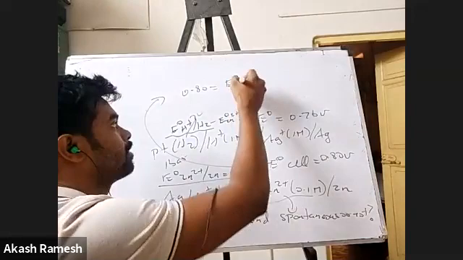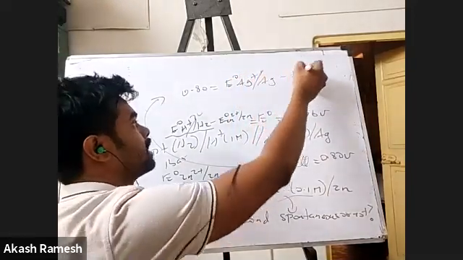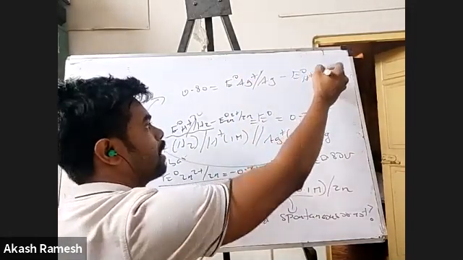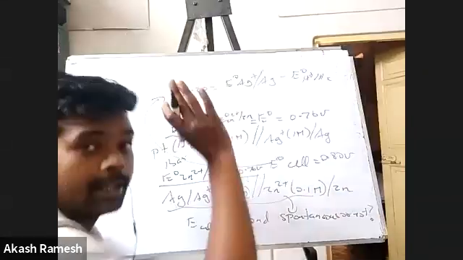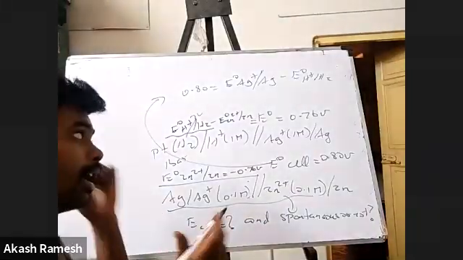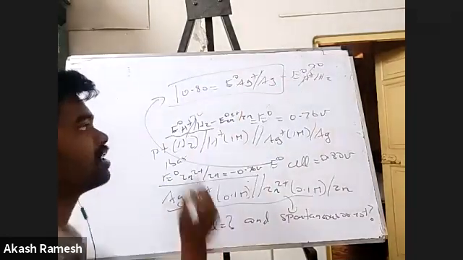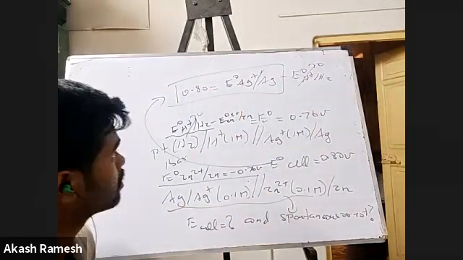Basically, I'm going to have E naught Ag plus bar Ag minus E naught H plus bar H2. Again, you see, I'm writing only in terms of reduction, H plus bar H2. Now this value is 0, so I can directly get E naught Ag plus bar Ag is 0.8.